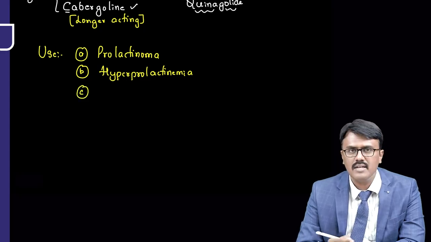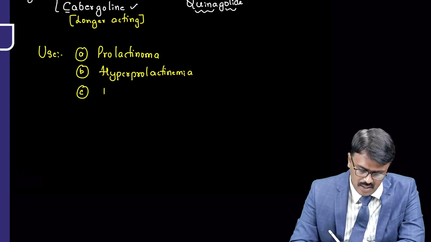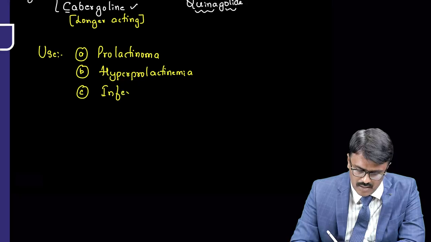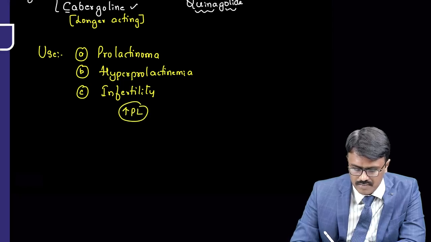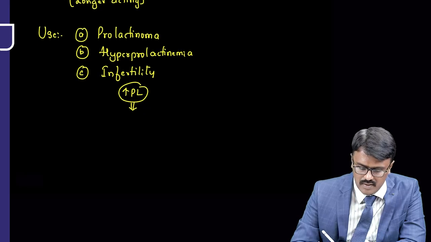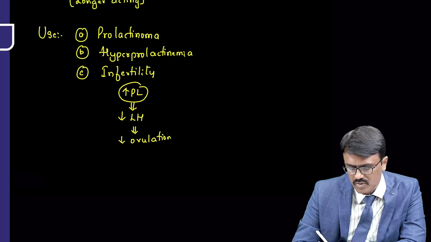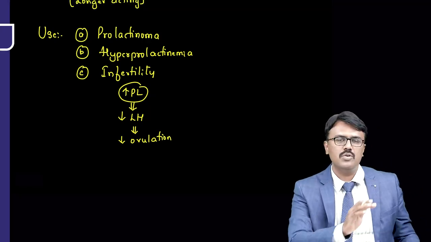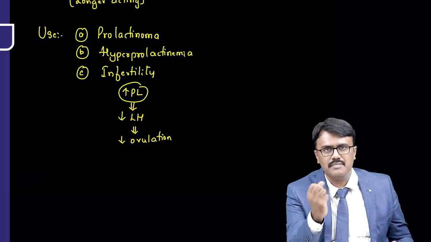Number three, if prolactin is high, what happens? It will lead to infertility. If prolactin levels are high, they decrease the activity of LH, and that decreases ovulation. Suppose a reproductive age group woman is married and not able to conceive.